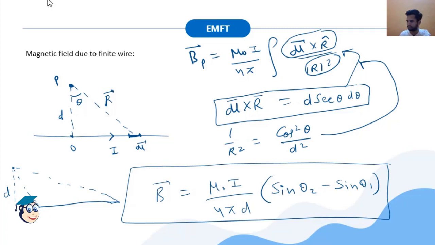So this angle is theta 1 and this angle is theta 2. This is how we define theta 1 and theta 2. For an infinite wire, theta 2 should be 90 degrees and theta 1 should be minus 90 degrees. If you take theta 1 in the opposite direction, then a minus sign will come automatically.